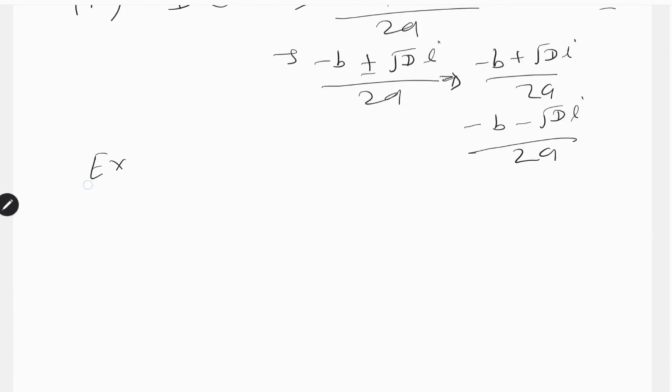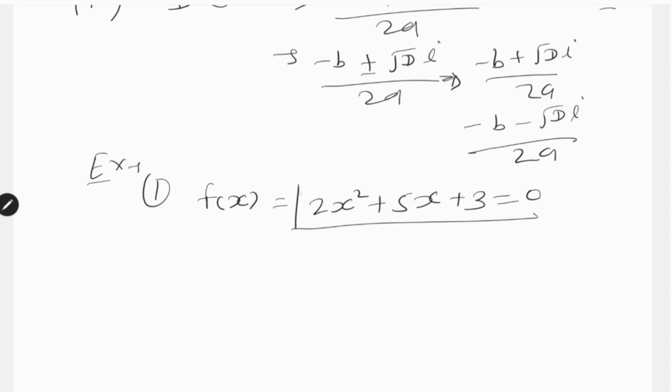Let's take examples. First example: f(x) = 2x² + 5x + 3 = 0. That is a quadratic equation, and we find the nature of roots.